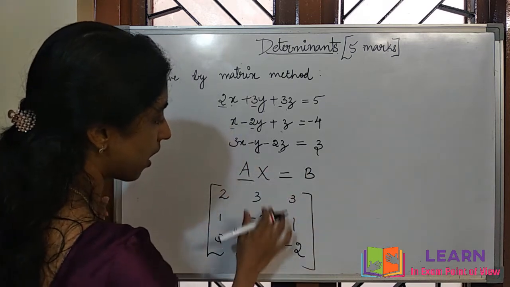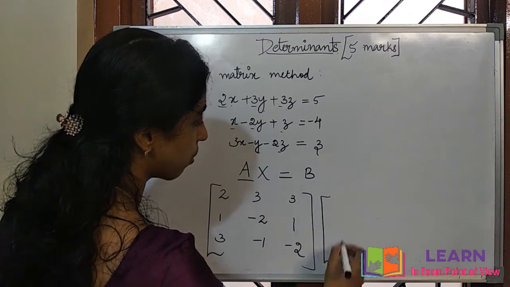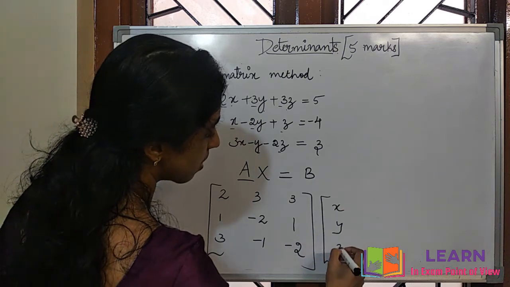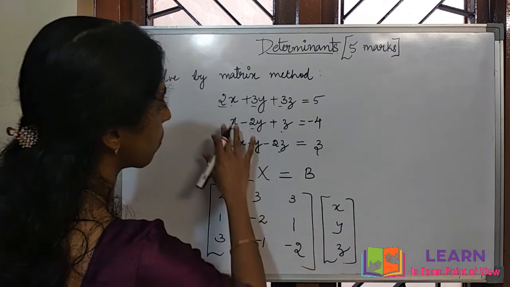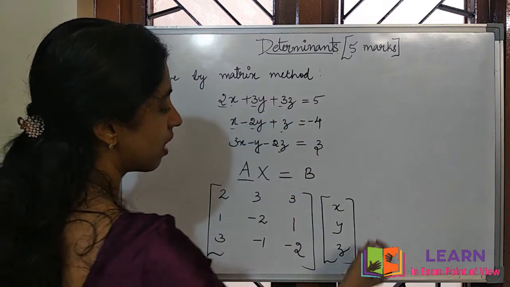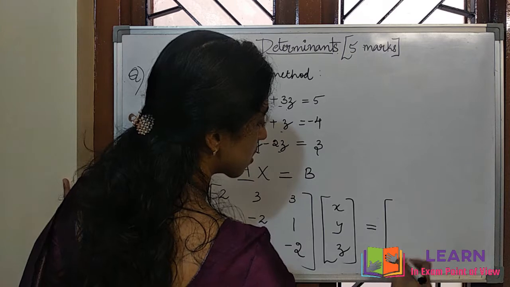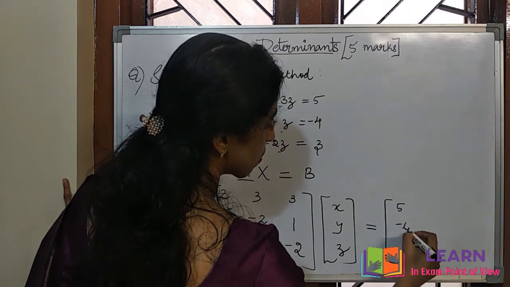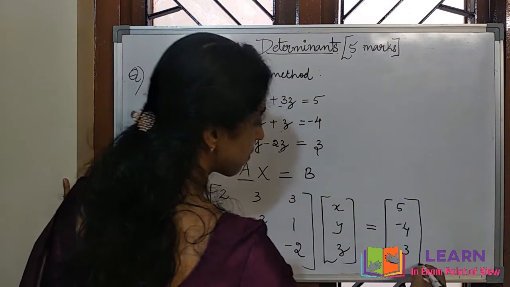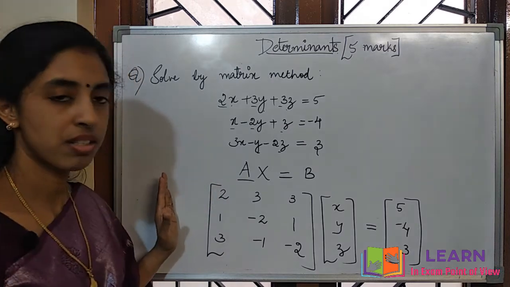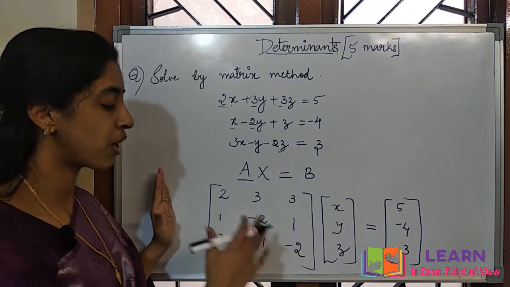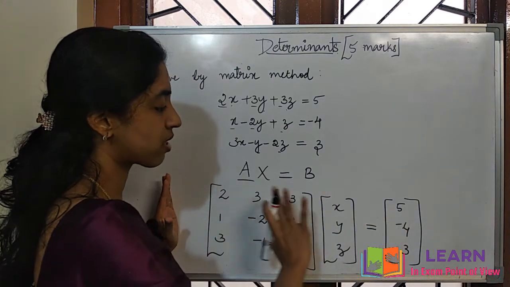This is A. Then X is the variables x, y, z. Then B is 5, minus 4, 3. So the first step is writing the system of equations in the form AX equal to B.